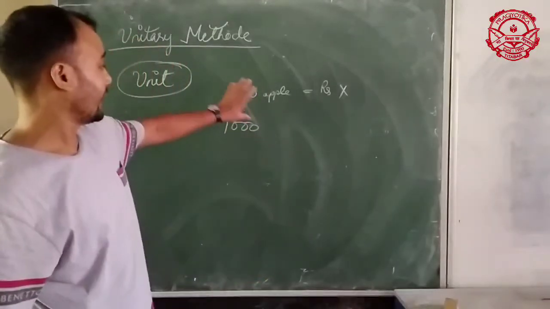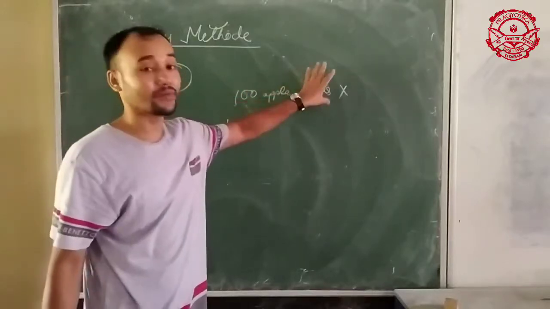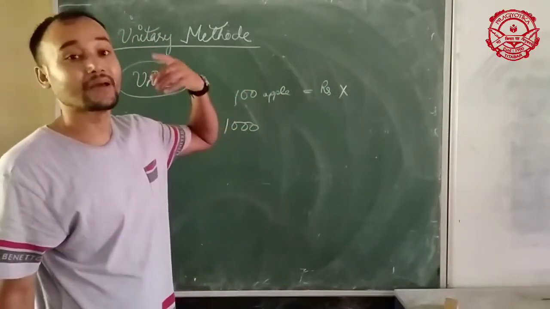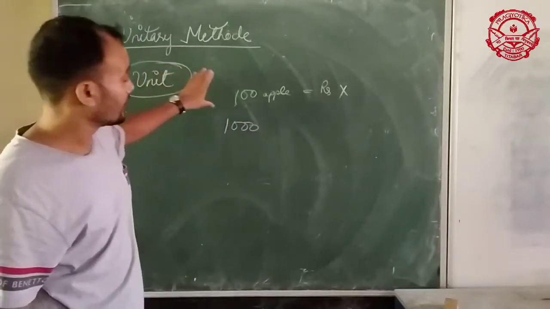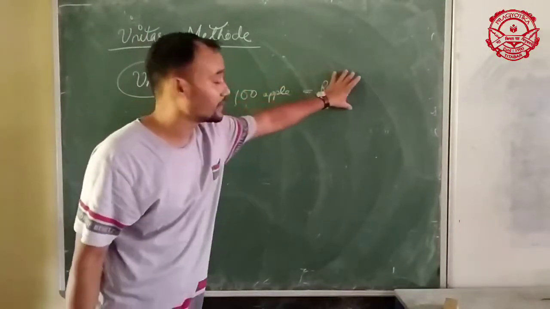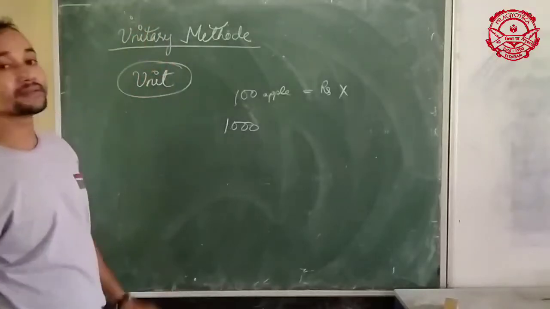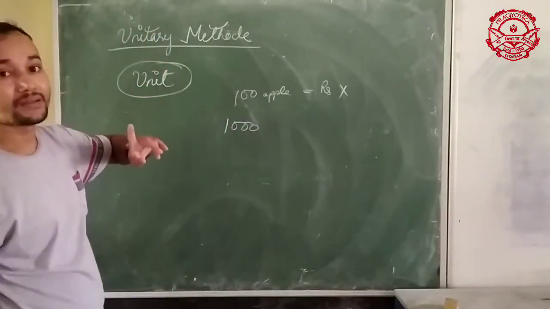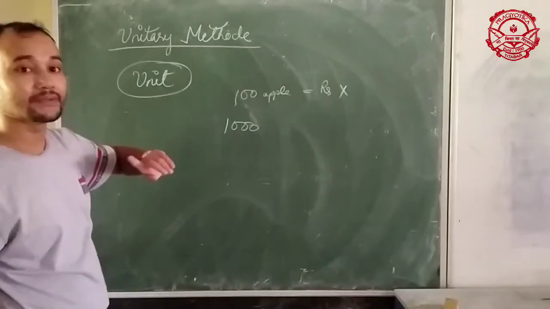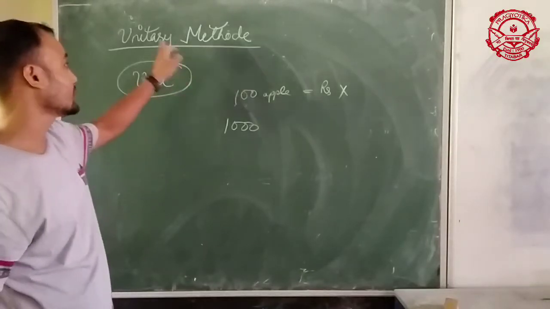In this question I try to calculate the value of one apple, that is the unit apple, and this method is known as unitary method.